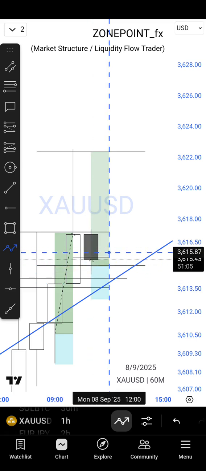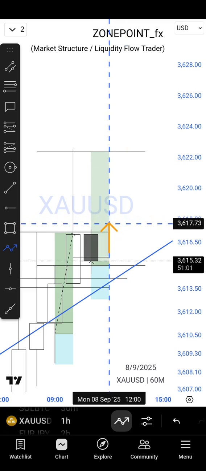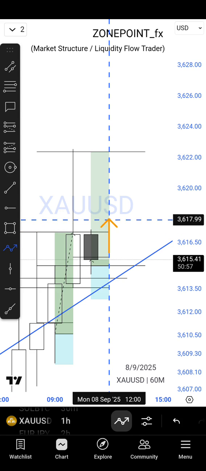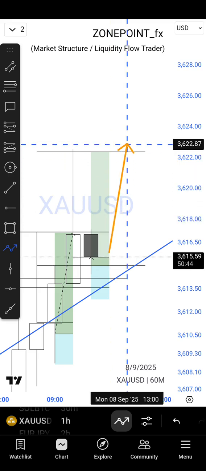To break above this level. When I see that this 1 hour candle that is forming currently either breaks above this level, or another 1 hour candle breaks above this level and closes above it, I will be buying from there to target this high here.